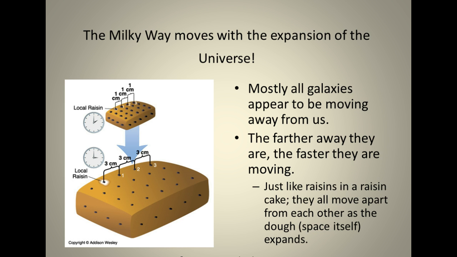As the cake bakes and rises, the raisins all move apart from each other as the dough expands, just like in this picture. The raisins in this cake have all moved from 1 centimeter apart to 3 centimeters apart because of this expansion. Make sure you write this down in your notes. You'll need this example in the future.